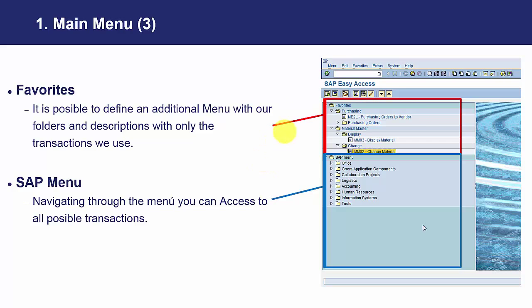We can organize them in different folders, and we can also change even the description for being able to identify them easily. And on the other hand, we have the SAP menu, where we have all the SAP transactions that we can use, all available SAP transactions for a user, not for customizing.